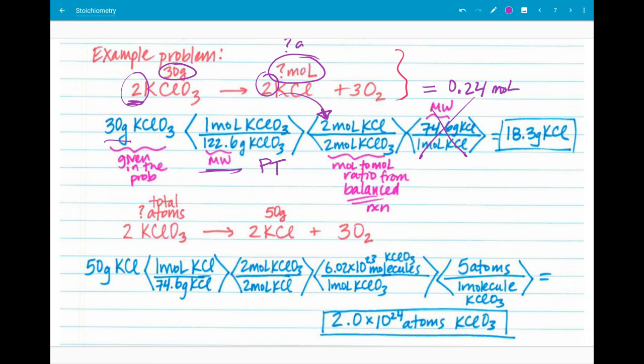Now, if I wanted this in grams, I would add on this additional step of then multiplying that by the molecular weight of KCl, and I'd find that to be the 18.3 grams.